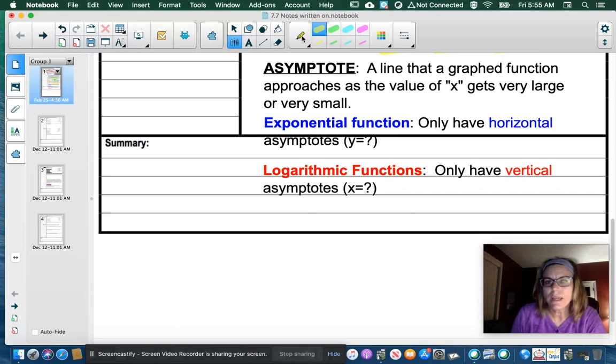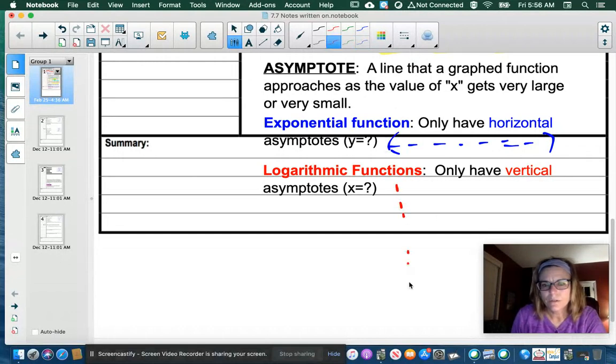So when I say horizontal, that's horizontal. The asymptote is dashed. And when I say vertical, that's what I mean by vertical.